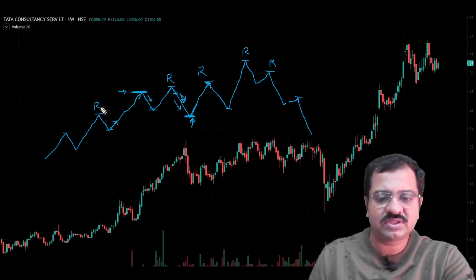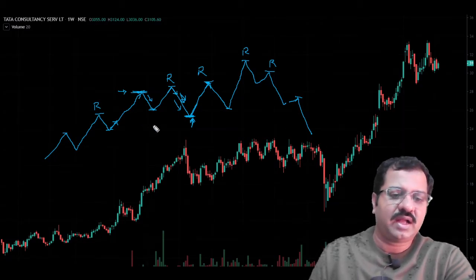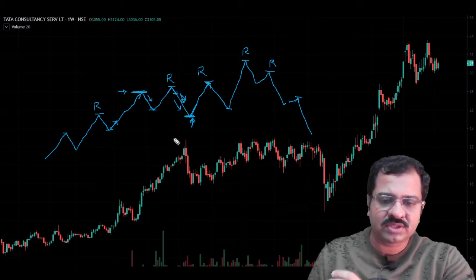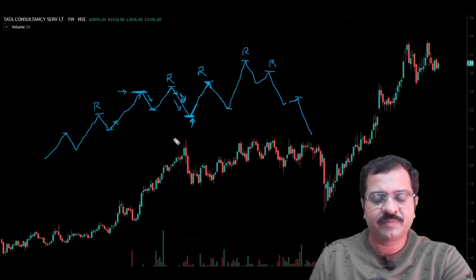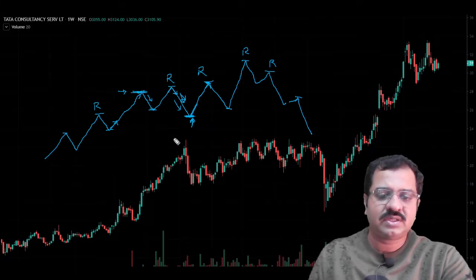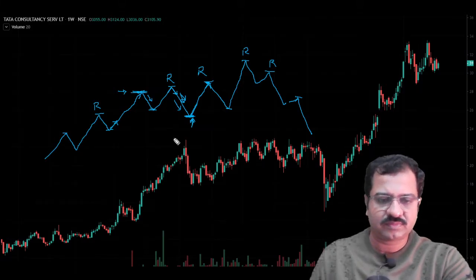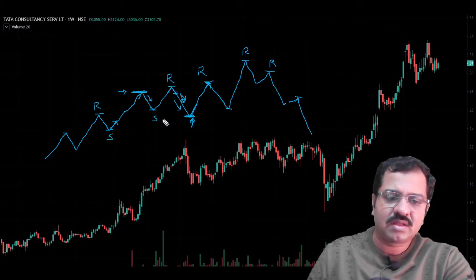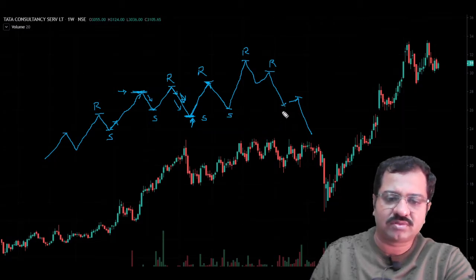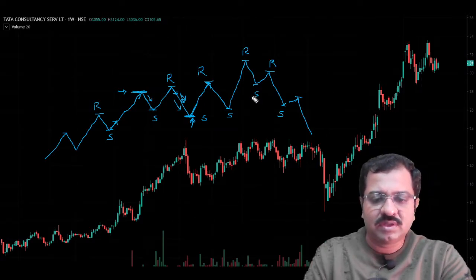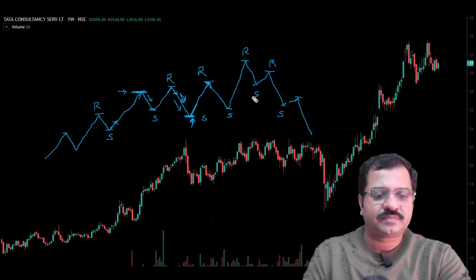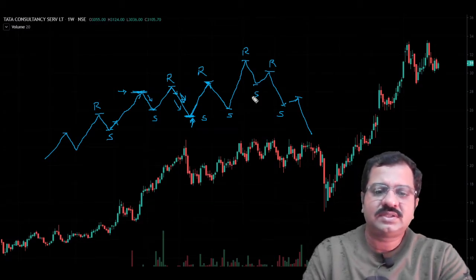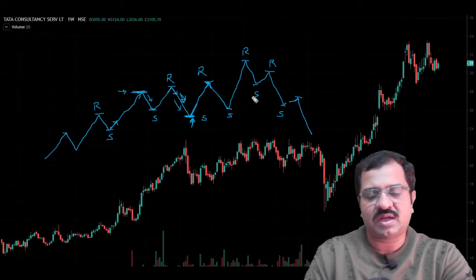So a resistance point is a point where buyers become weak and sellers become strong. And these are support points, where sellers became weak and buyers became strong. So buying came in at these particular points. Fine. Now let's see these things on the chart, how they work.